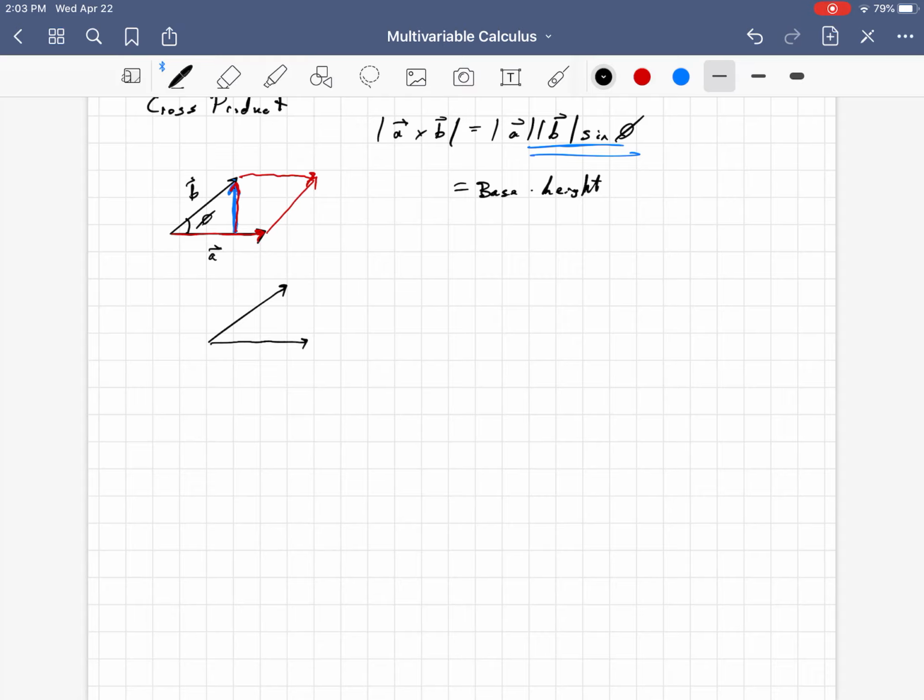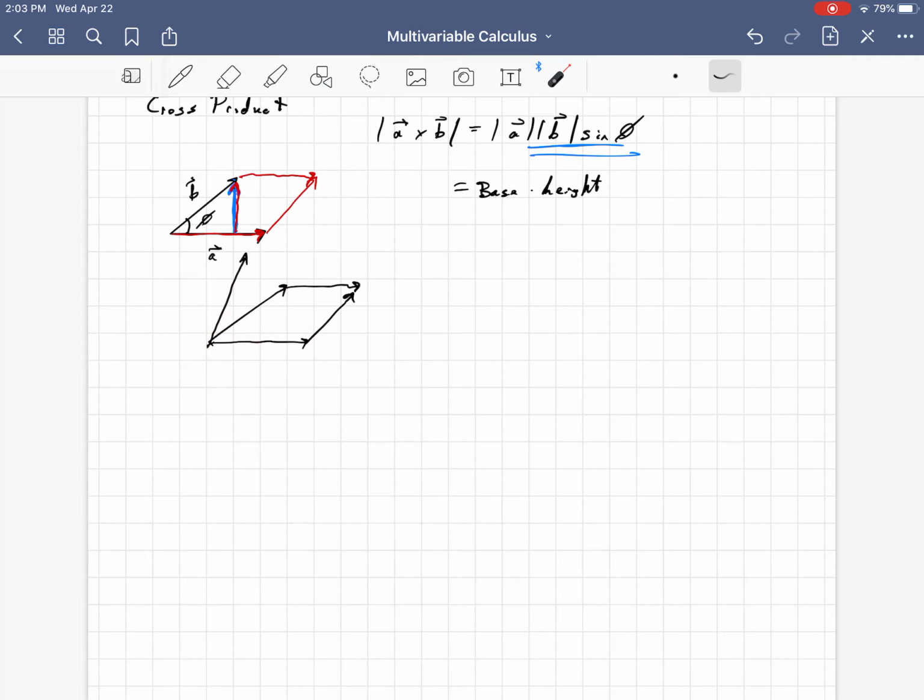And so another thing that comes up sometimes is, let's say, oh gosh, this will be interesting for me to draw, but let's say we have a parallelepiped. A parallelepiped is just a three-dimensional parallelogram.